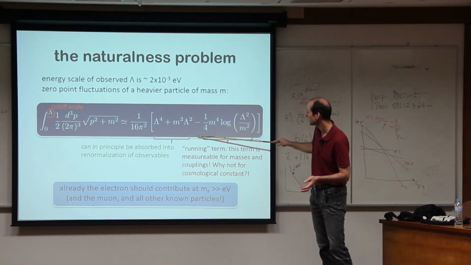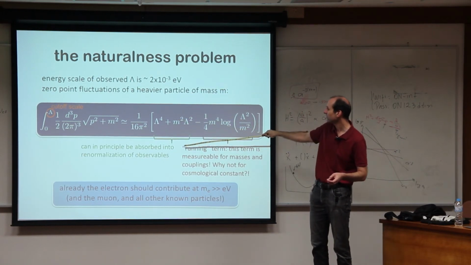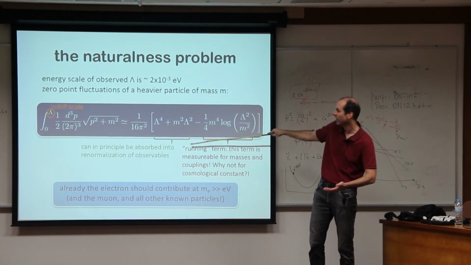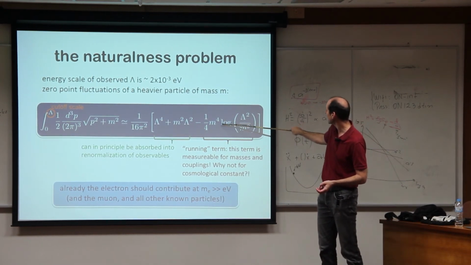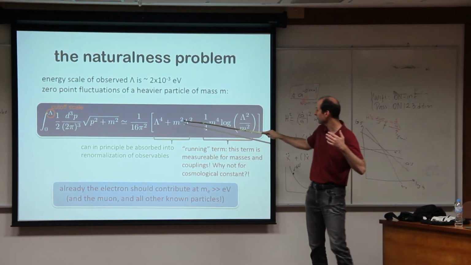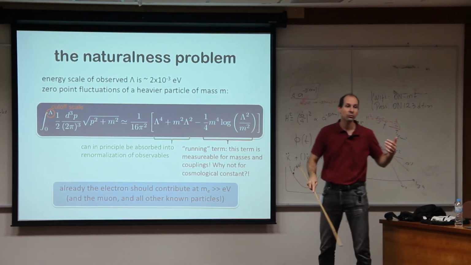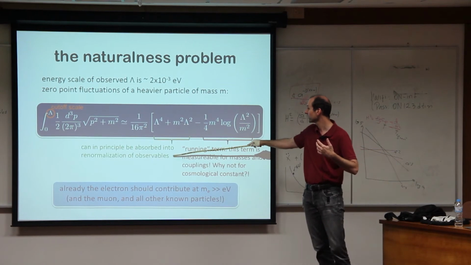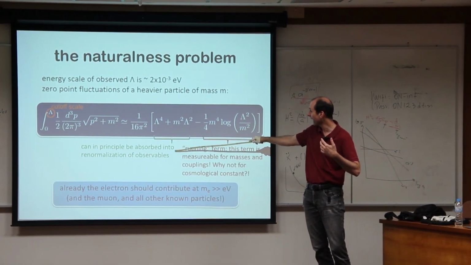Because if it did work, then some of these terms we can in principle absorb into the raw lambda. But some of these terms run, and especially every time you change your cutoff scale, you also need to readjust your fine-tuning.